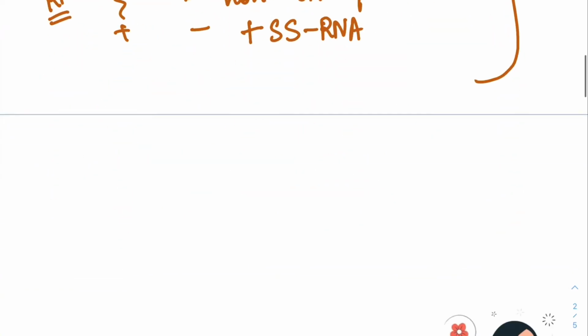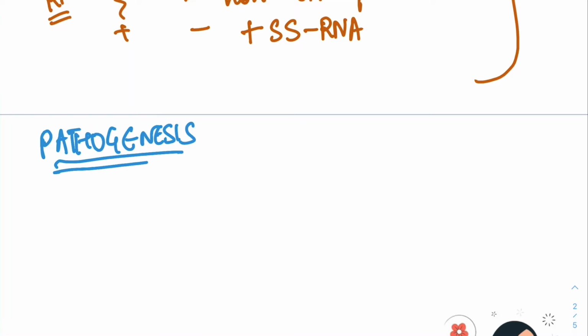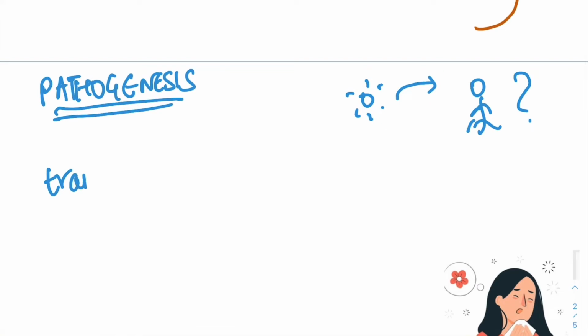Now let's talk about the pathogenesis. What do we mean by pathogenesis? Pathogenesis means how the virus enters the human body, or how the human gets the infection. That is called transmission.